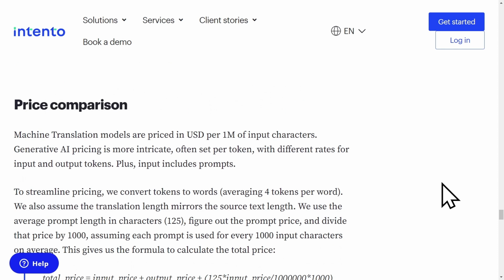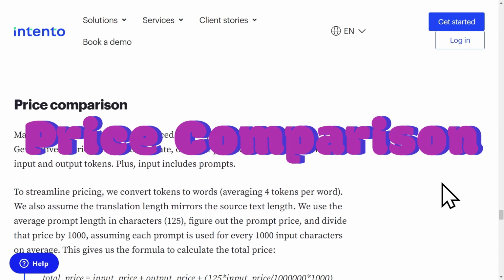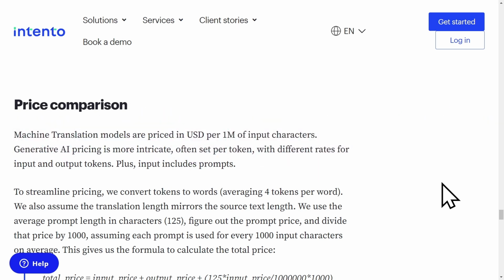And now another thing that is interesting is price comparison, because we hear a lot of different things, so that it can cost a lot of money to use LLMs. That's true, but that depends on what you're doing and how you're using them.